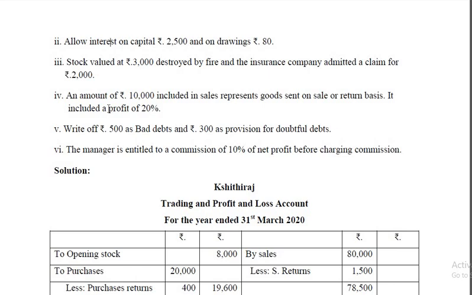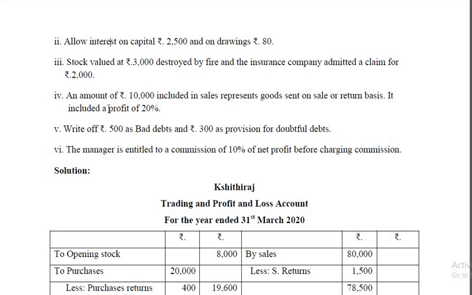Then insurance company account debtor 2,000, profit and loss account debtor 1,000, to goods destroyed by fire account. Ultimately, the net effect is insurance company account debtor 2,000, profit and loss account debtor 1,000, trading account 3,000.